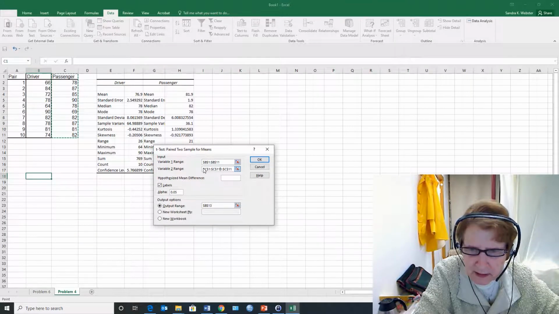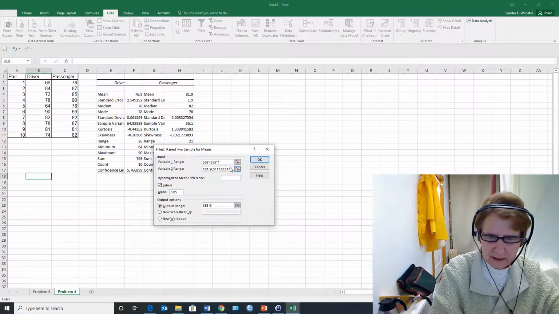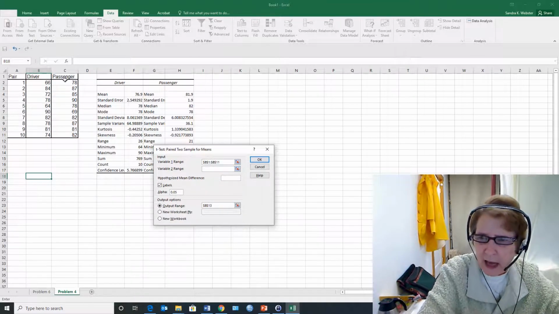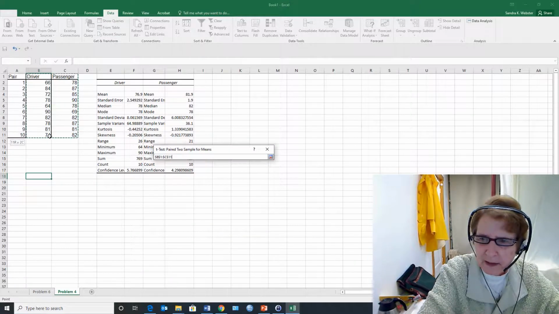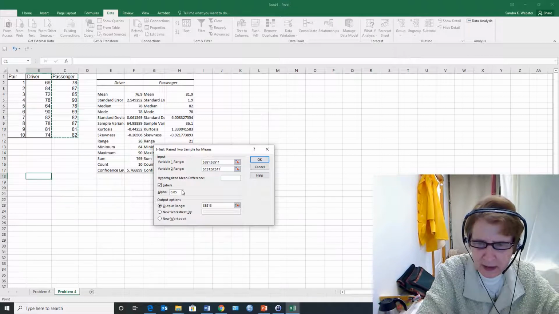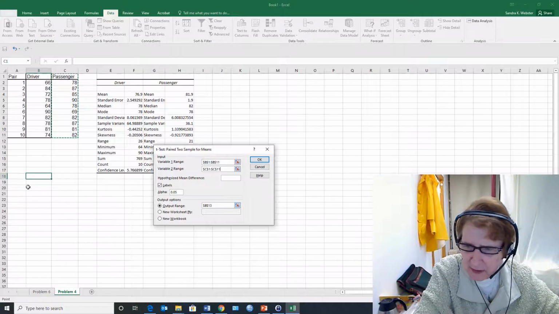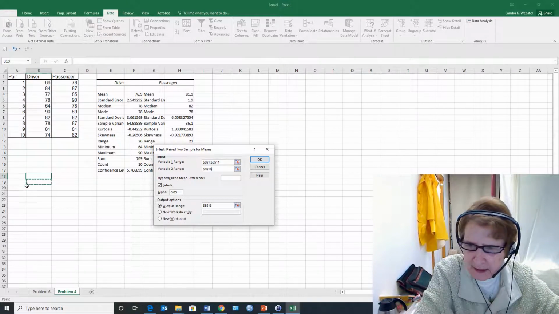So let's just get rid of one of them. Getting rid of both of them. Highlight the passenger. Now I've got them the same. The labels are in there. Alpha is 0.05. The output range is down here. It says B13. This is not where I am. I'm at B18. Let's go to A19.